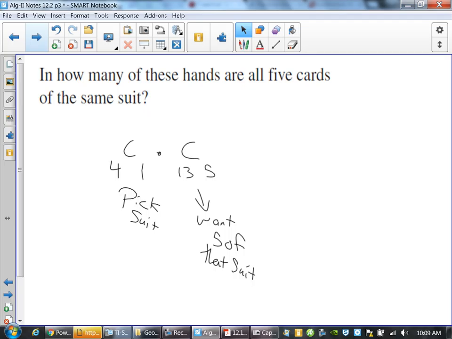The full card. Spade. No. Wrong. Five clubs. No. Four of hearts.